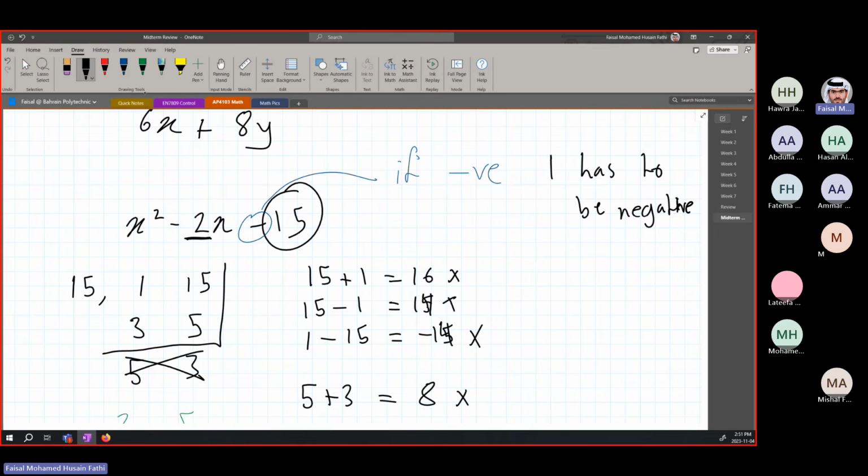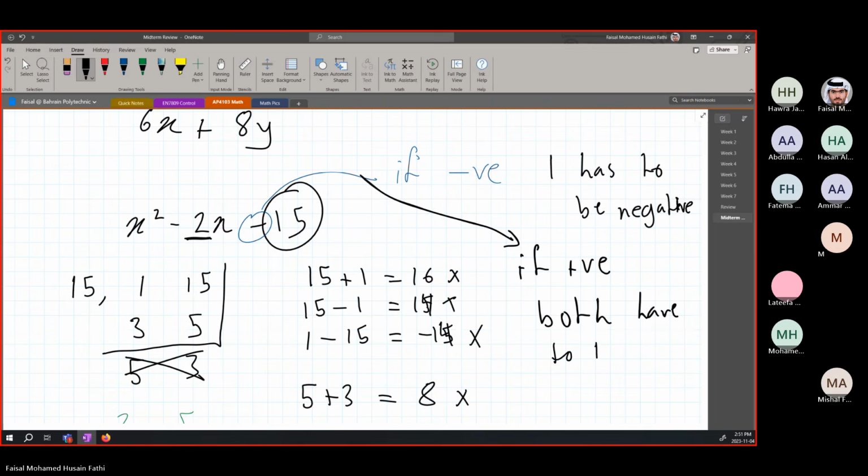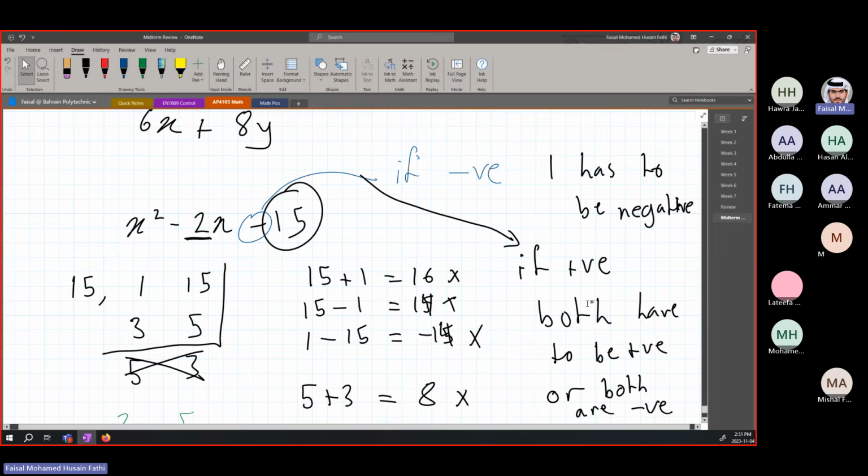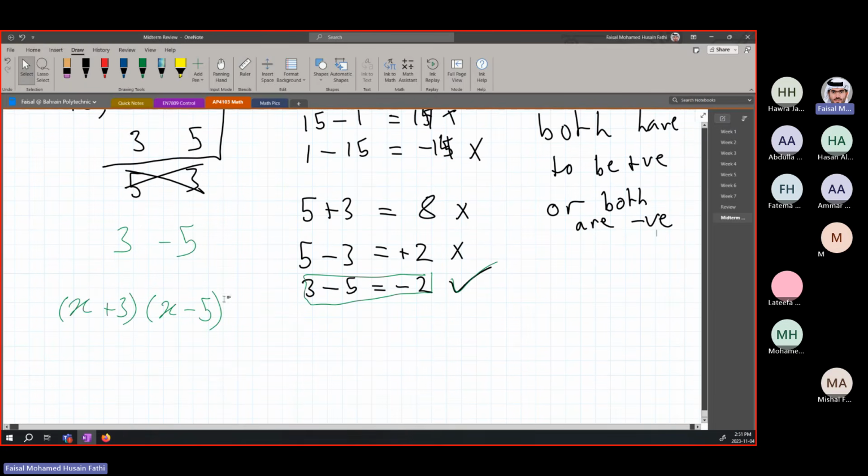If this sign is positive, same sign: if it's positive, both have to be positive or both are negative. Meaning either both positive or both negative. Okay.